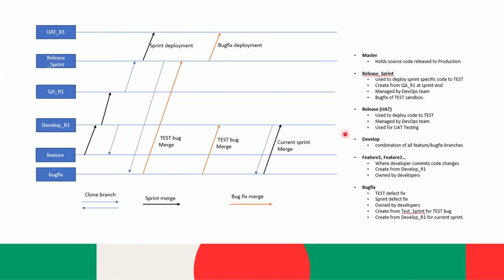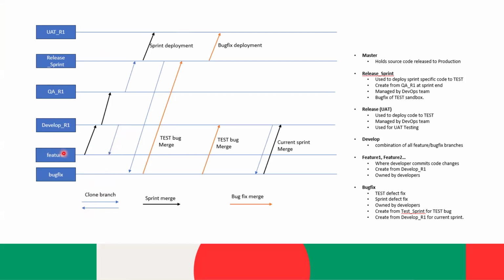From your initial perspective, you can also present these branching strategies to a new project if you're tagged anywhere. So you will say, we will have a develop branch, QA, and then UAT, and then we have production for sure. Your development will start with a clone branch. It will clone from develop R1.